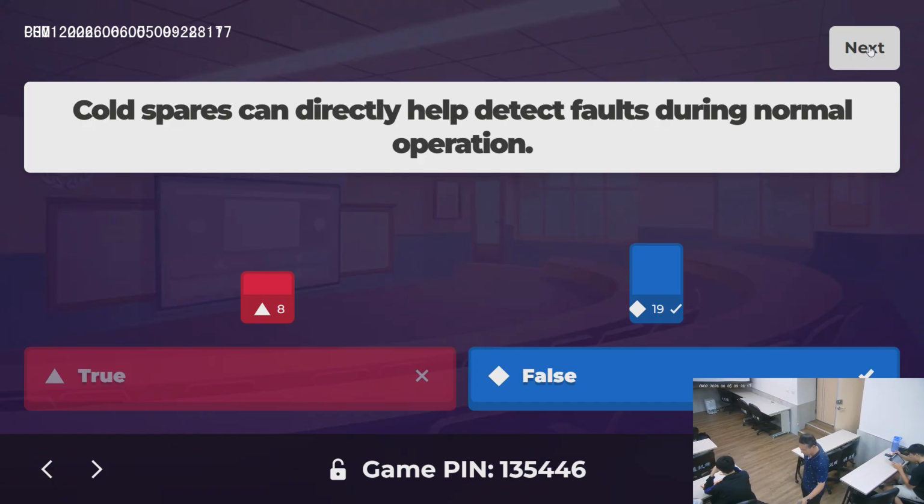Okay, so basically you said that cold spares will not be powered on initially, so their purpose is not to detect the faults. Then what is the purpose of cold spares? It's used as a backup. Yeah, very good. So basically, it is used to replace the original module when the original module is faulty, right?